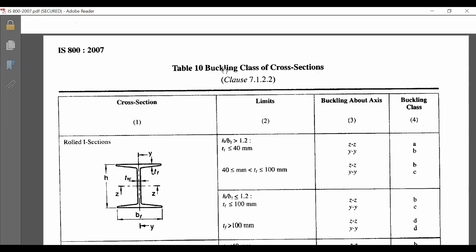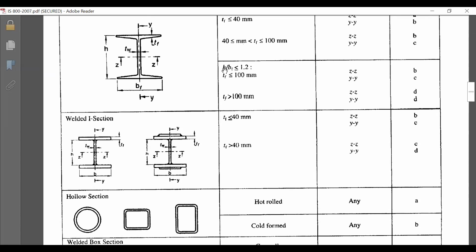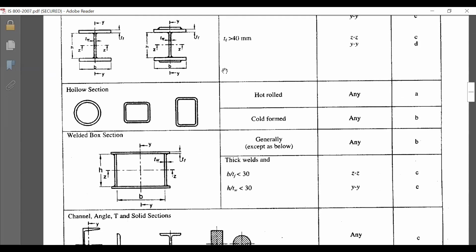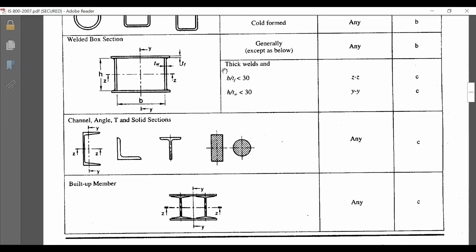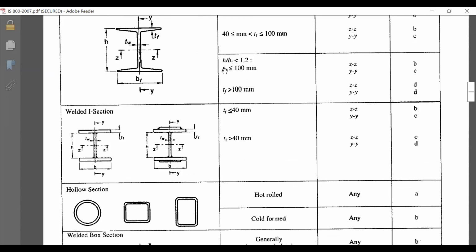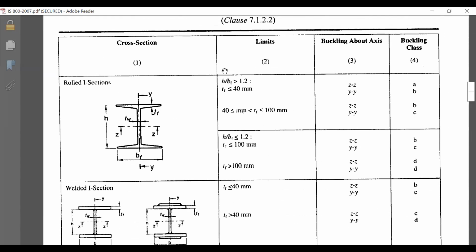Now, which section are you going to use? Is it the I section, the welded I section, hollow section, welded box, or the channel, angle, T section or built up section? It is clearly given in our question that we have to use an I section. Even if it is not mentioned in the question, you have to use I sections only.